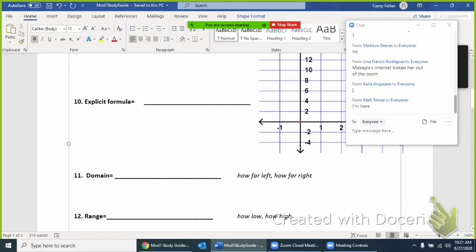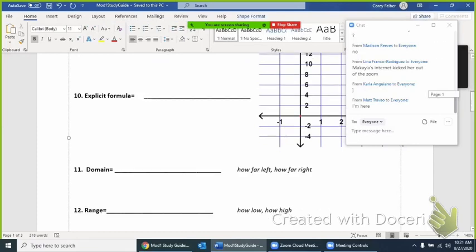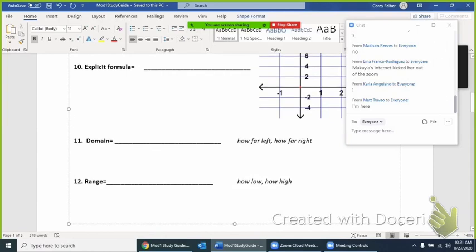All right, so now the domain of this is just going to be the farthest it goes left to the farthest it goes right. Okay, the range, how low to how high.